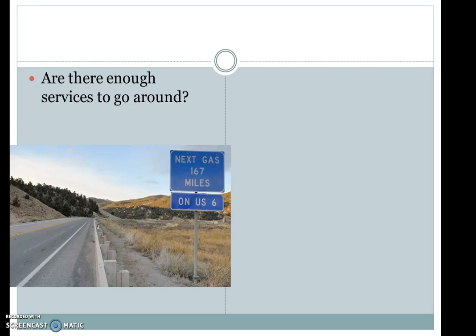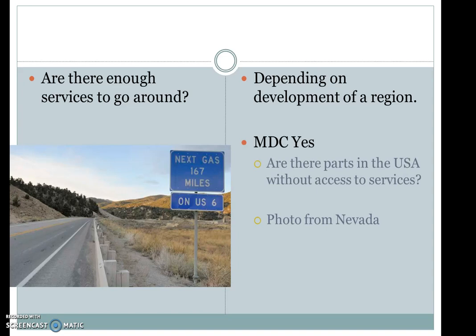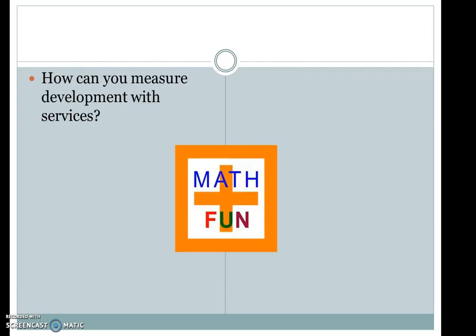That gives you a sense of being remote. Depending on the development of a certain region will determine if there are enough services to go around. The more developed countries, yes. This picture from Nevada does represent that there's not always enough services across the entire country, but for the most part, yes, there are enough services to go around.